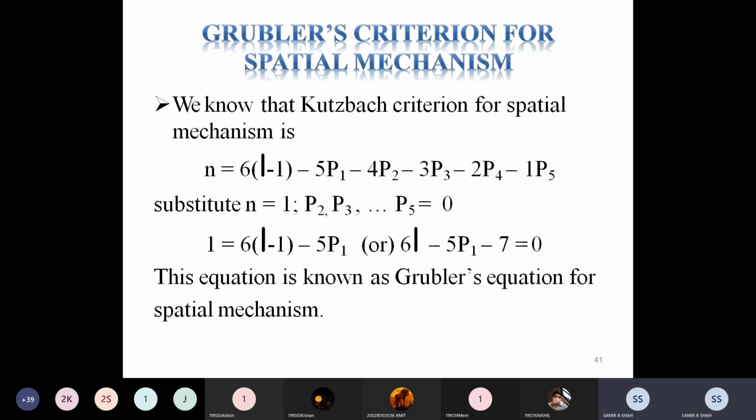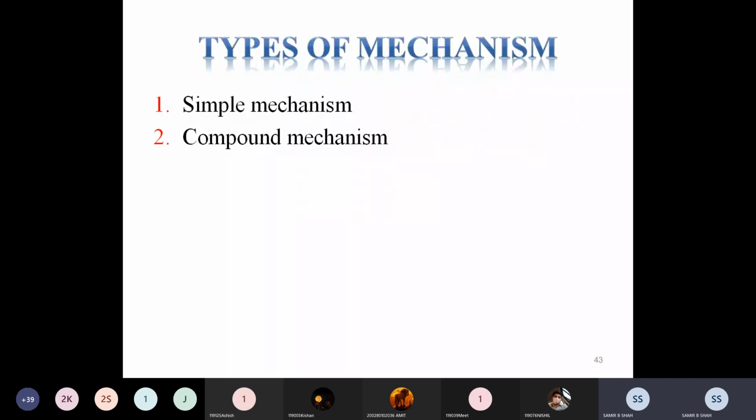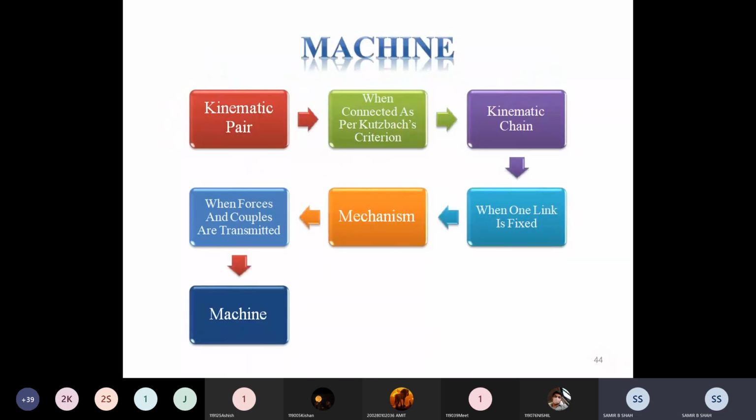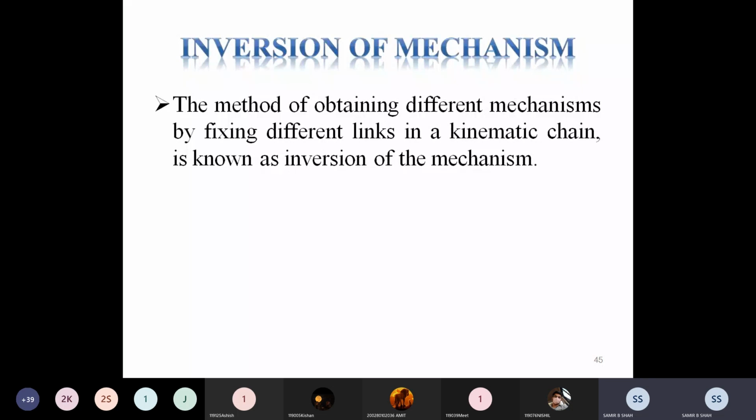Now, after the end of Grubler's criterion, let's start with the inversion of mechanism. As we know very well, when we talk about a mechanism, there is one condition that any one link should be fixed, right? That is called a mechanism.